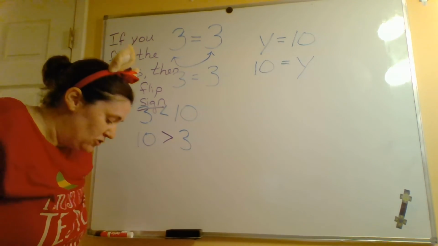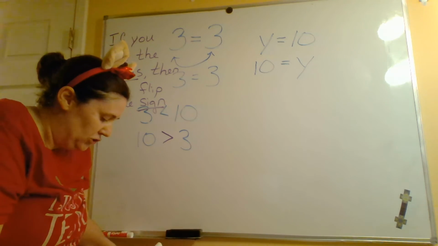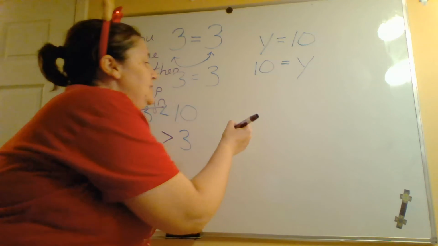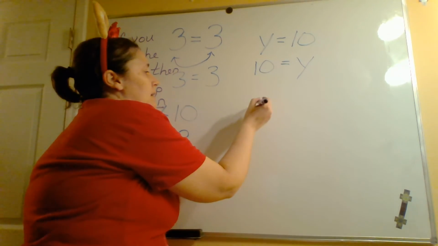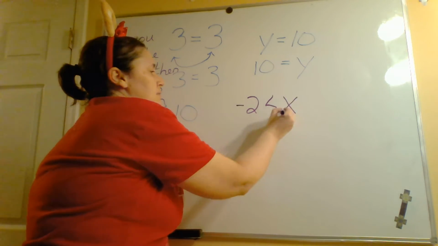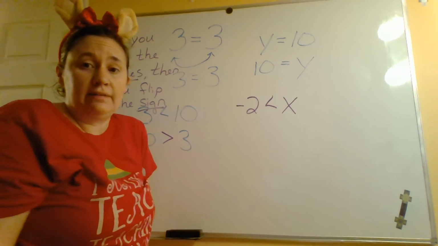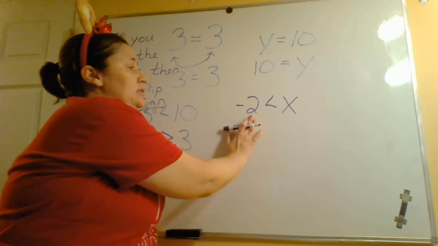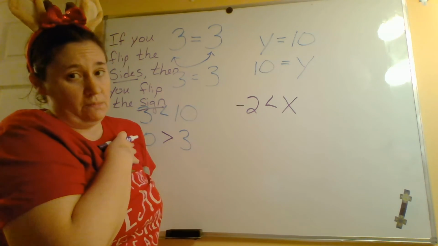Now today in class, when you're solving some equations, you're going to get some answers where the variable is on the right. You're going to get some answers that look like -2 is less than x. If you do, this is not considered to be high-class mathematics.